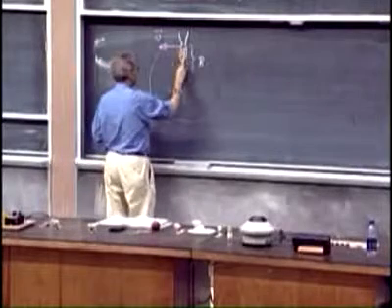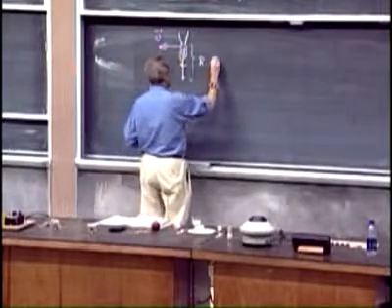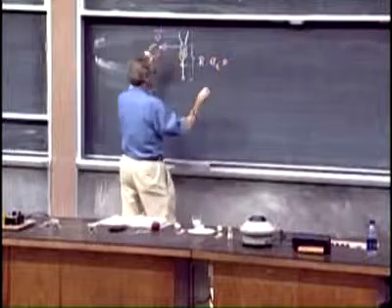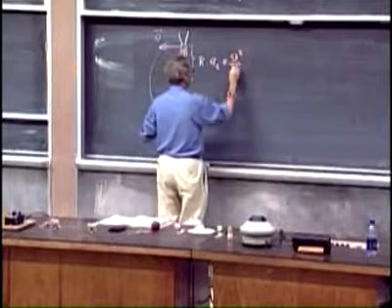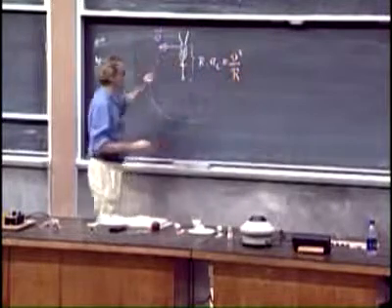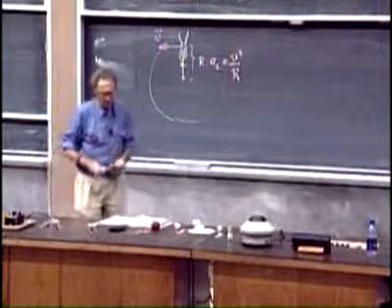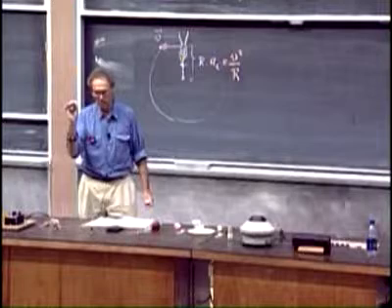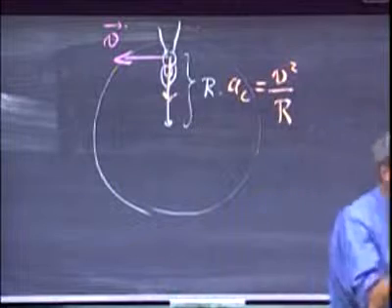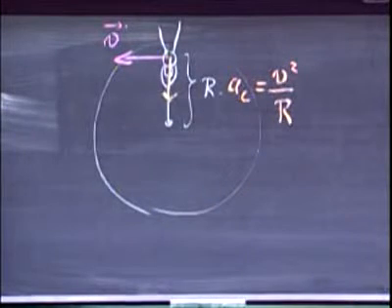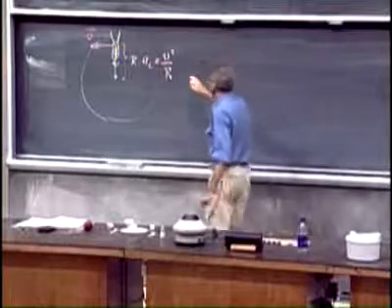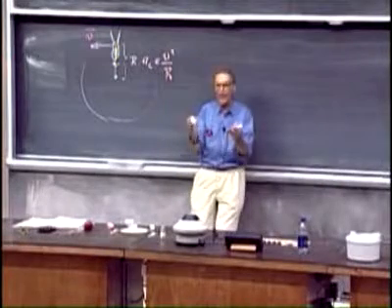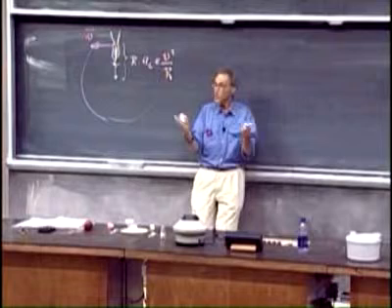So you need a centripetal acceleration, A of c, which is v squared divided by r, if you like that. This is the magnitude of that v. Now follow me very closely. Just imagine that this number happens to be exactly 9.8. I can always do that.